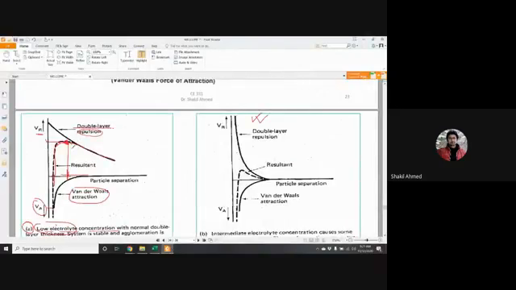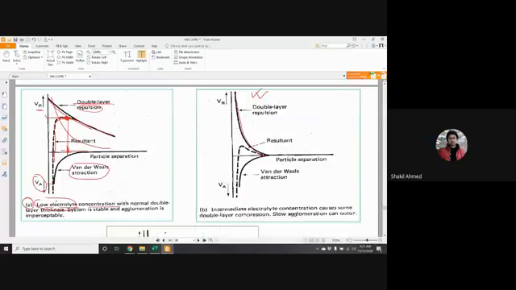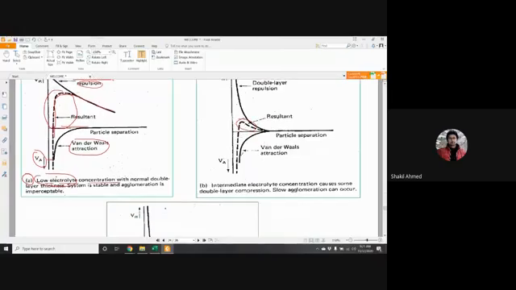You see that now this repulsive layer has been compressed, and the contribution of the repulsion has decreased. Previously the contribution of repulsion was larger, now it is smaller. So this is intermediate electrolyte concentration, which is higher than the low electrolyte concentration.